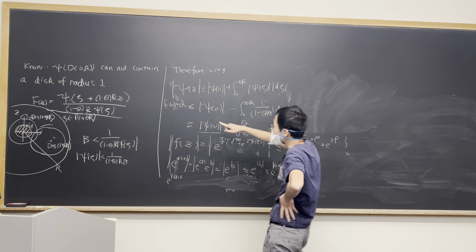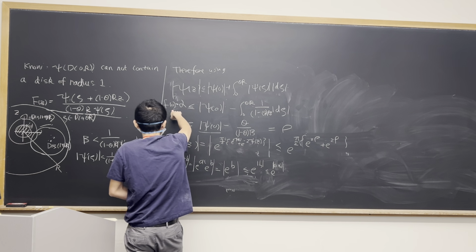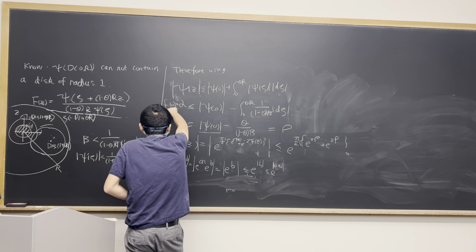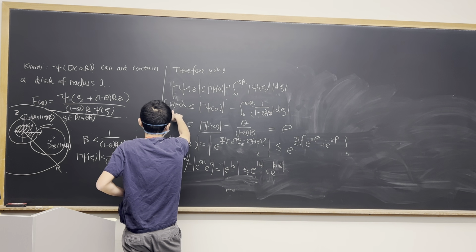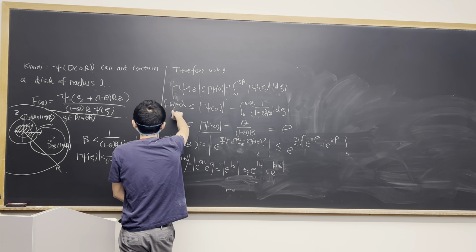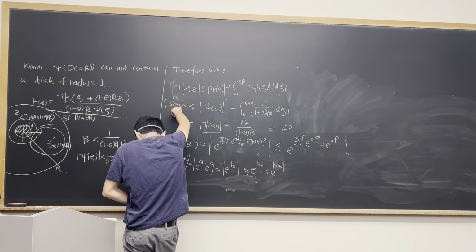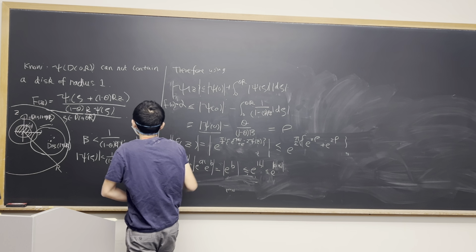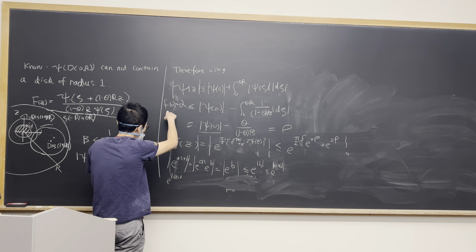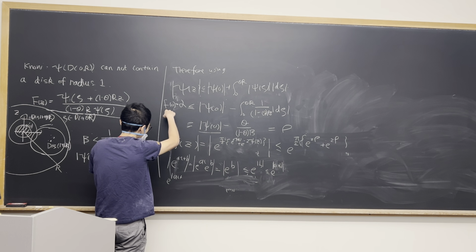Remember that for each f, you are allowed to pick this phi up to an additive constant. So for each f, you can pick h, right?